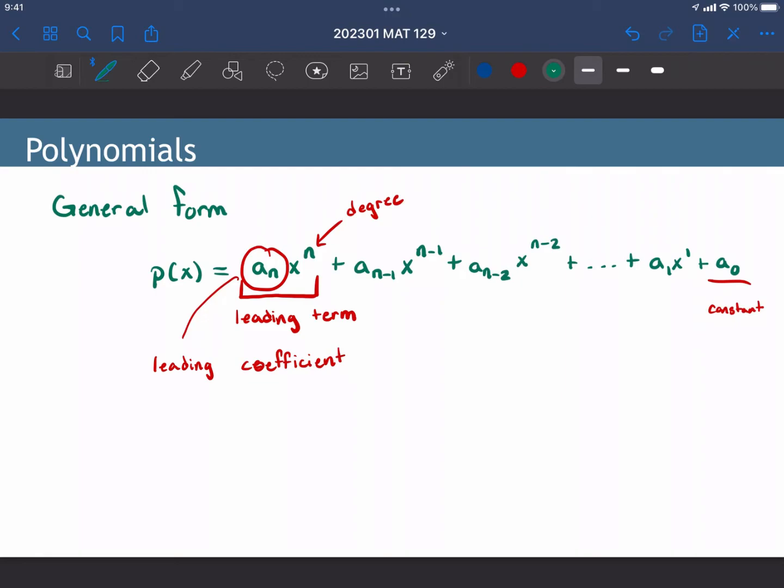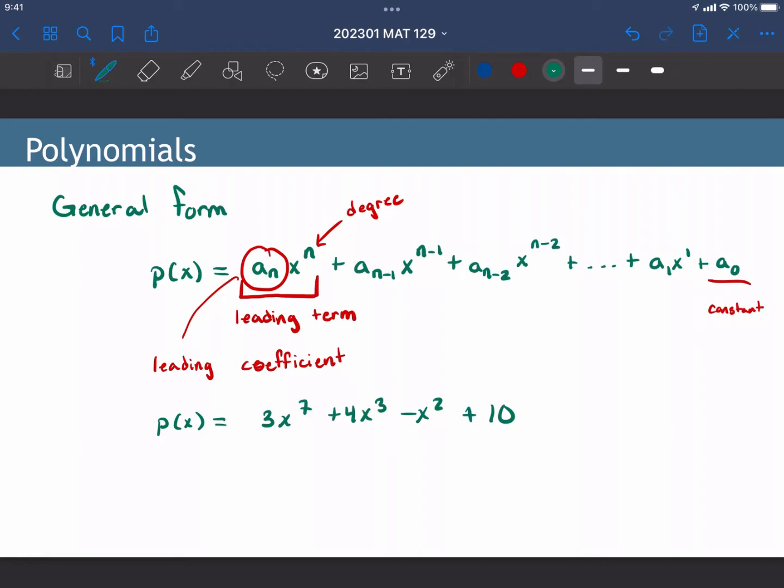So if I gave you p of x is equal to 3x to the 7th plus 4x to the 3rd minus x squared plus 10, right? So that would mean this thing is of the form what?